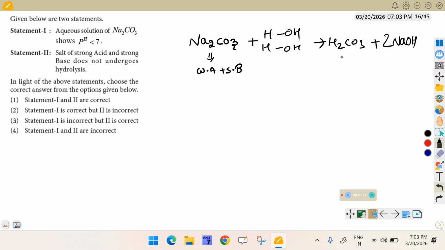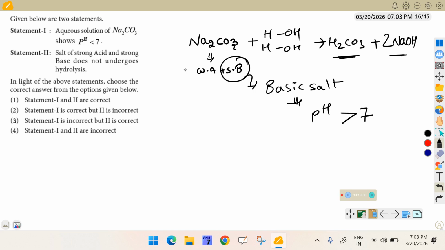H2CO3 is a weak acid, NaOH is a strong base. Base is strong, so the given salt is a basic salt. For bases, the value of pH is greater than 7. So first option is wrong. Salt of strong acid and strong base does not undergo hydrolysis. So the correct option is third option.